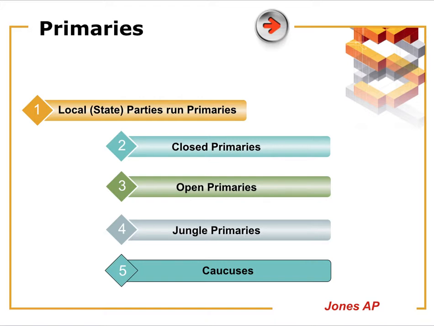The Republicans in California had a closed primary. So even if you wanted, as an independent, to vote in their primary, you couldn't. It was closed. Open primaries and all their variations exist in many states. And sometimes they will even allow registered members of the other party, Republicans, to, for instance, vote in their primary.